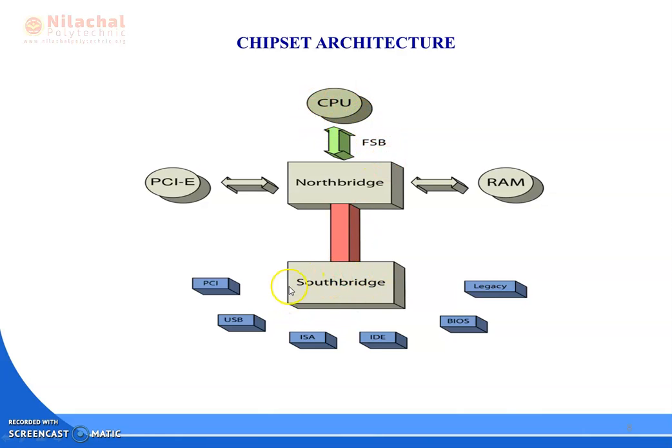The Southbridge basically handles all the input-output functions, that is PCI, USB connections, ISA, and IDE connections. IDE is Integrated Device Electronics, which is related to hard disks and optical drives. It also handles the BIOS, that is basic input-output system operations, and legacy. Legacy is the basic operation going on in the computer.